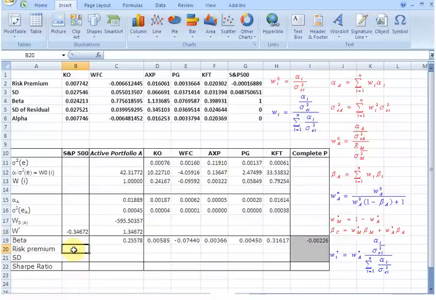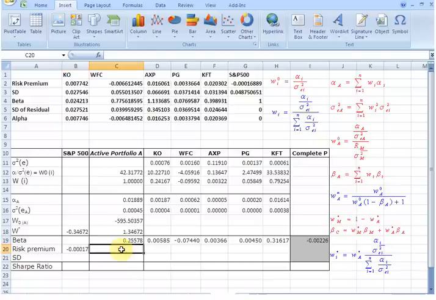So the risk premium for the passive portfolio is already here, so we can use the same cell reference, which is this, cell G2. So this is our risk premium for the passive portfolio.